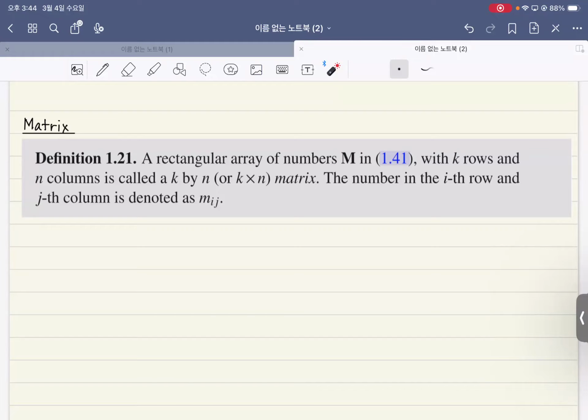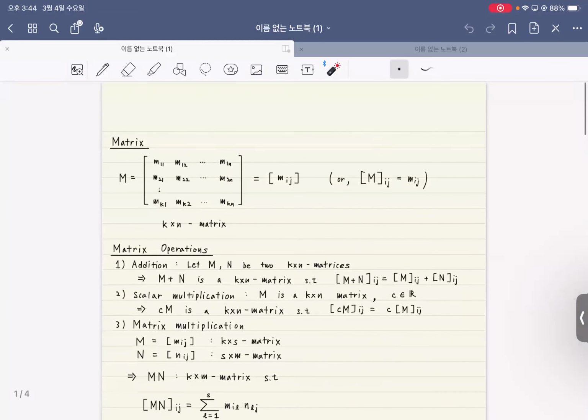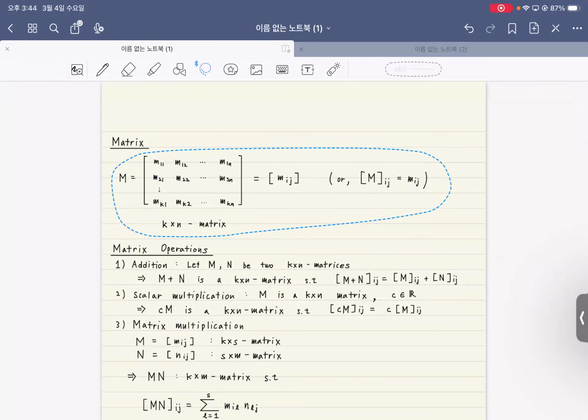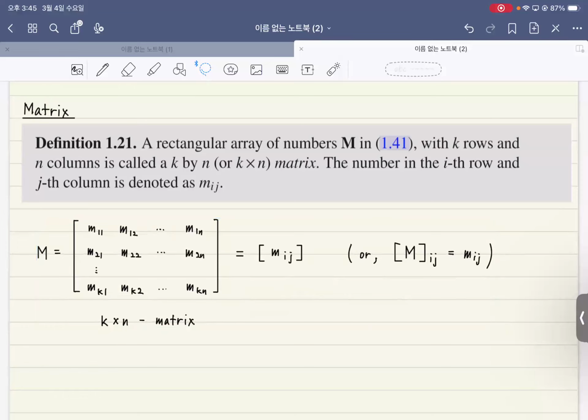Typically, a K by N matrix will look like this. We have a bunch of numbers, and they are arranged in this order. Each of these are called columns, and these are called the rows. Therefore, typically every entry of the matrix has two indices.